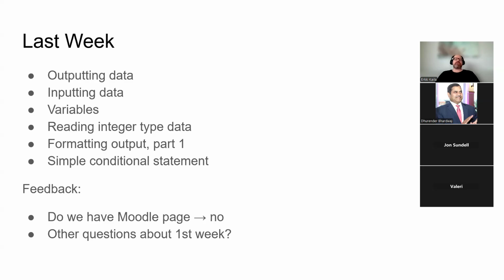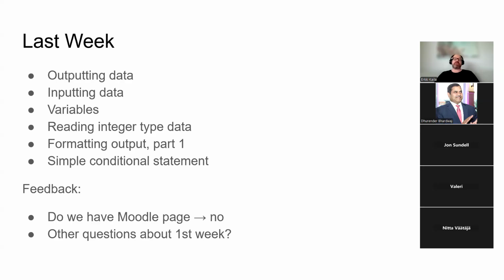Then we talked about, or rather you practiced, reading integer type data, which was a little bit different to reading strings with the input function. We still use the input function, but then we need to use the int function to convert the strings into integers. Then a little bit about formatting output, about outputting both strings and integers with the same print statements.